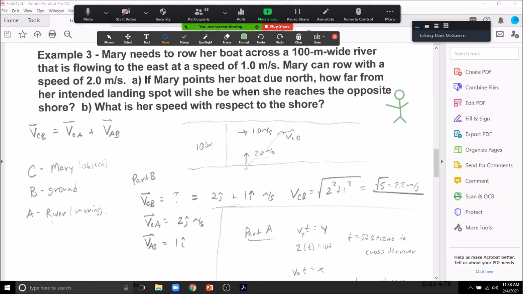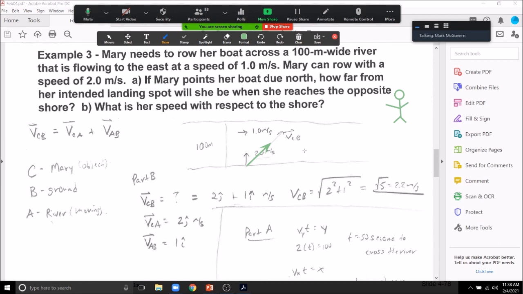Now, she's going to try to go 2 meters per second north. She's not going to go 2 meters per second north, is she, though? Because the current is going to take her down the river a bit. So her actual velocity vector is going to be at an angle, which is this vector right here. And as you can see, it's the combination of what she can do and what the river does.